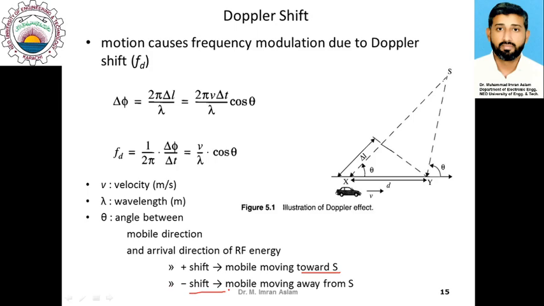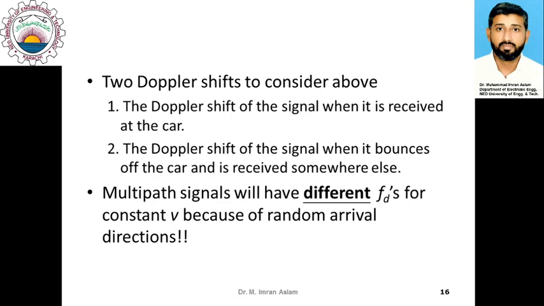So what we observe here is that whenever the mobile equipments are in motion, they are associated with some sort of change in the frequency, which is represented as the Doppler shift in the frequency of the received signal. It must be noted that the shift occurs in both cases.